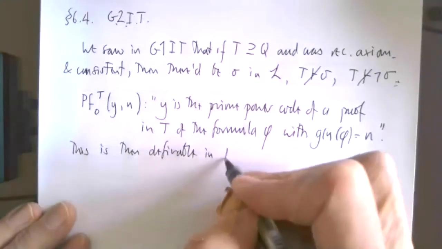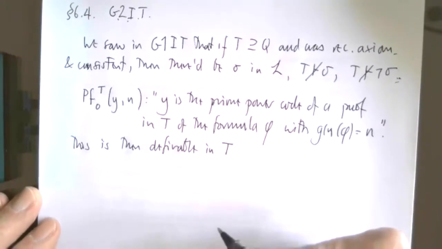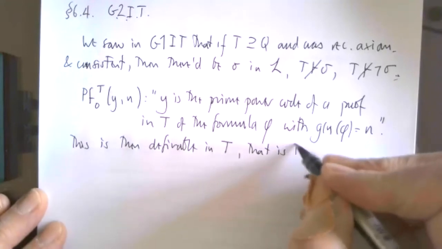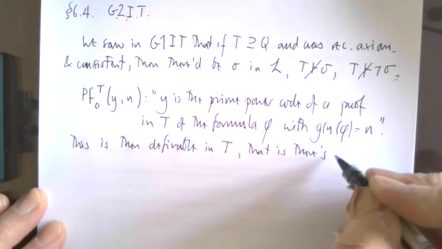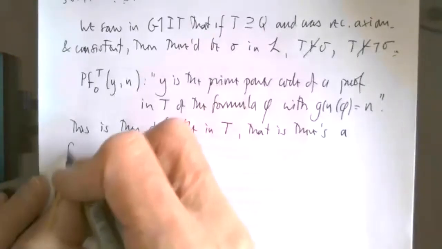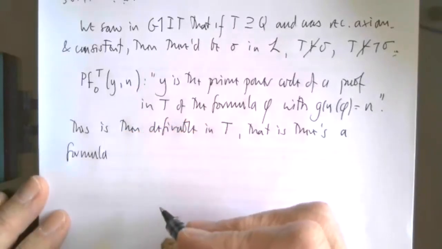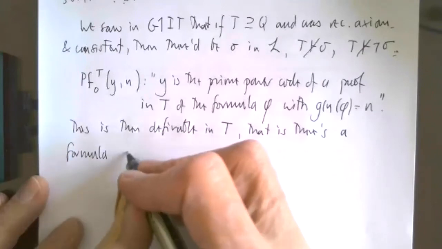So this is then definable in T. That is, there's a formula, and in the notes I've called this pi.